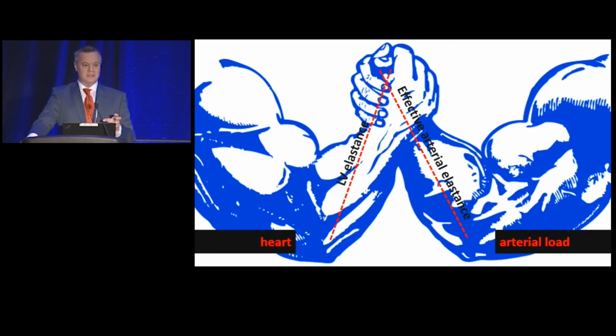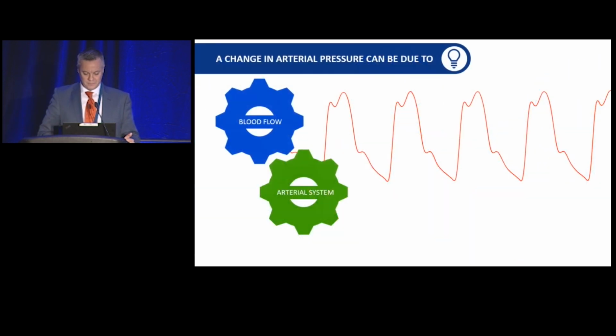And it's easy to understand when we look at this graph. If we remember the ventricular arterial coupling definition, we will see that the pressure is the result of these forces, the contractility, the effect of the heart, and the effect of the arterial system.